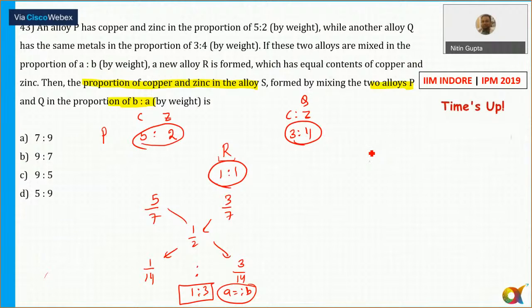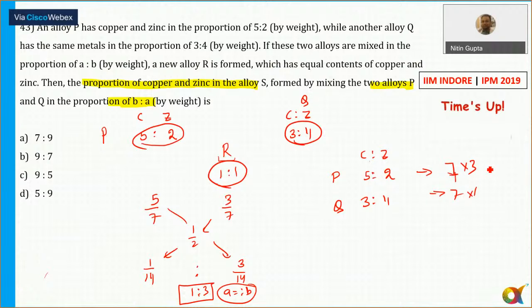We know copper to zinc in the first alloy P is 5 is to 2, and in the second alloy Q it is 3 is to 4. Here the sum of the ratio is 7 and 7. But I am mixing in the ratio 3 is to 1, so the quantity of P should be 3 times the quantity of Q. So I can multiply the first by 3 and the second by 1.